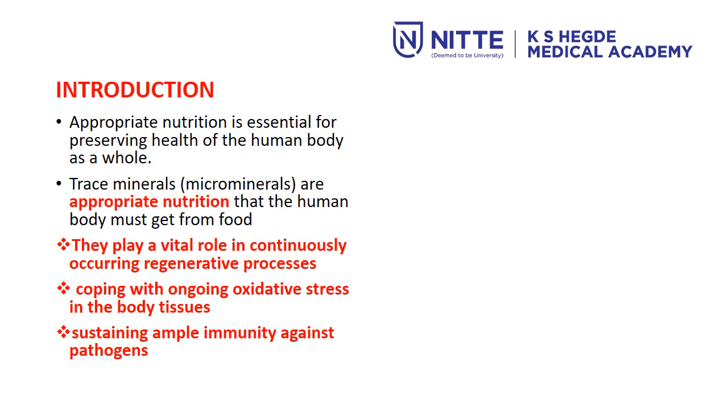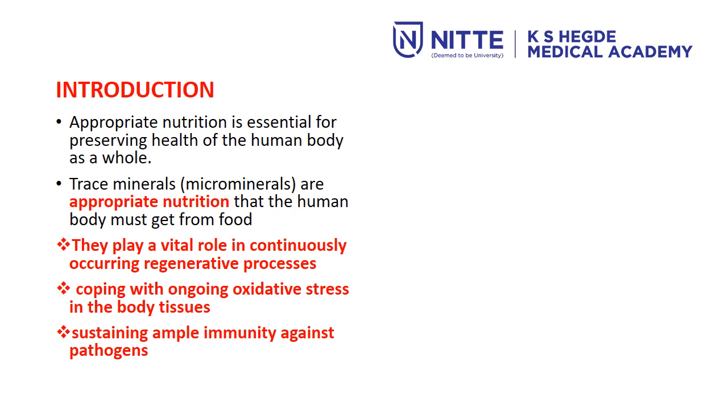So before I start about the sections of the module, I'll talk about trace minerals. Appropriate nutrition is essential for preserving health of the human body as a whole. Trace minerals or microminerals are those appropriate nutrition that the human body must get from food.